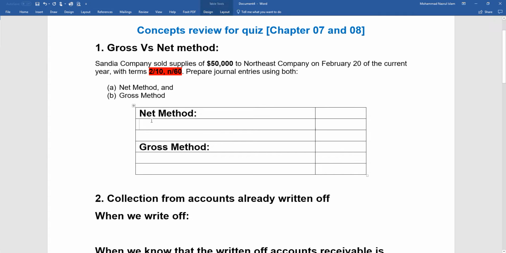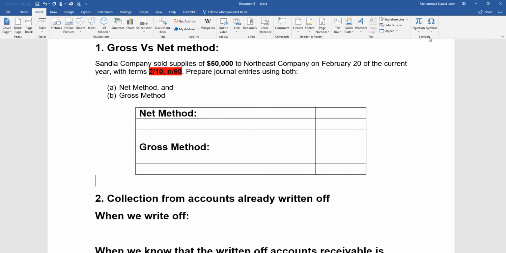So first one, the net method. Let's calculate the net amount. So let's insert an equation.